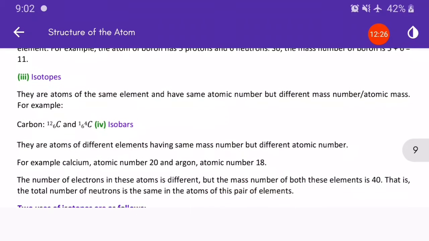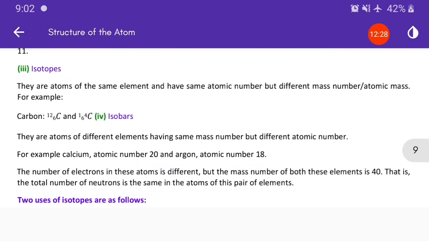Isotopes and isobars. Isotopes are atoms of the same element having the same atomic number but different mass number or atomic mass. We consider them as isotopes.